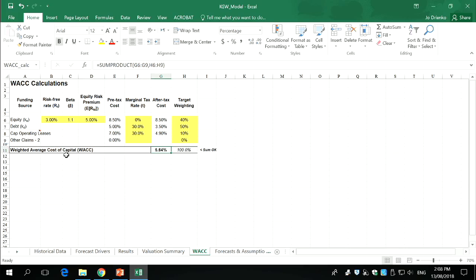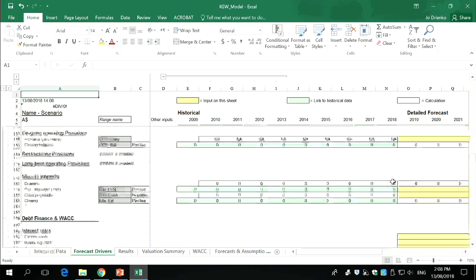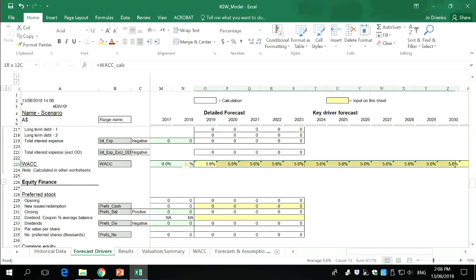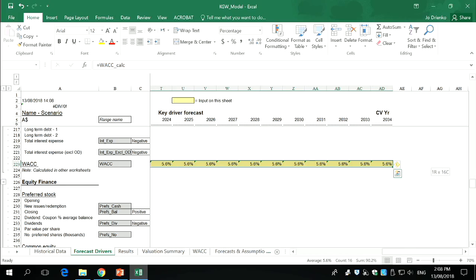The numbers I just made up. And this 5.64% goes into the forecast drivers tab down here, as you can see. In row 223. And that's what the model uses, KGW, to discount all the cash flows, 5.6%.